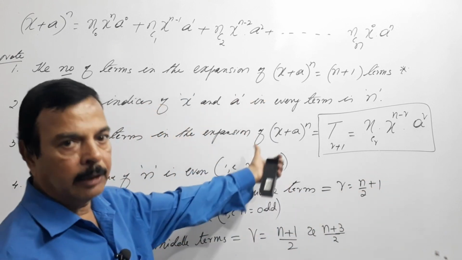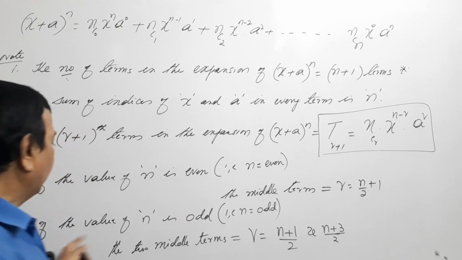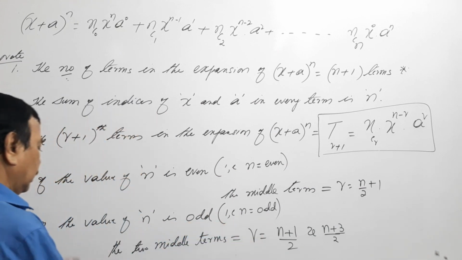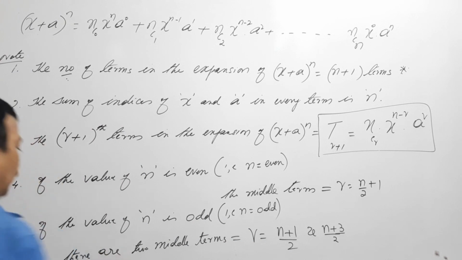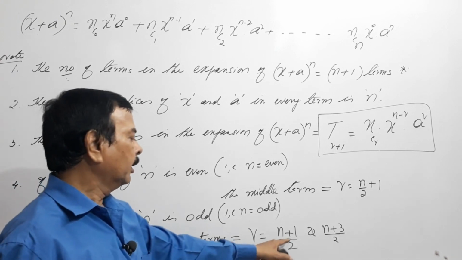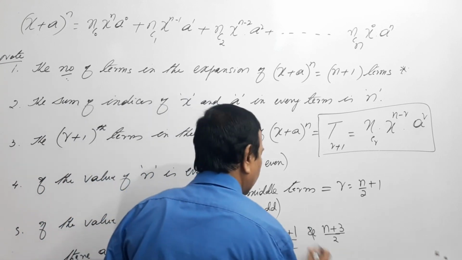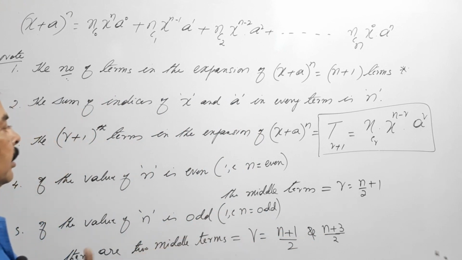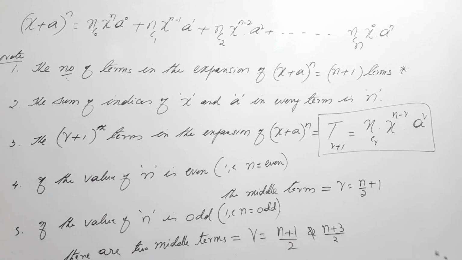Remember this, when I do the problem you will understand. Now you will not be knowing it, I will teach you. If the value of n is odd, there are two middle terms, that is R equals (n+1)/2 and (n+3)/2. So remember this, we will go ahead with some problems, try to understand this.